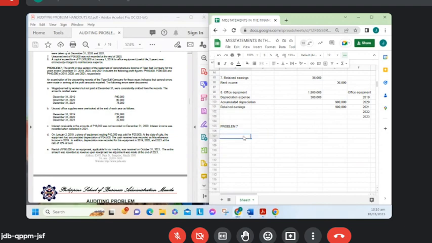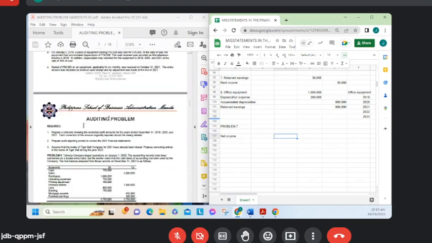So net income. So we are asked to prepare a schedule showing the corrected profit amounts for the years 2019, 2020, and 2021. Each correction of the amount originally reported should be clearly labeled as well. So prepare audit adjusting entries. Assume that the books of the Tiger Ball have already been closed.